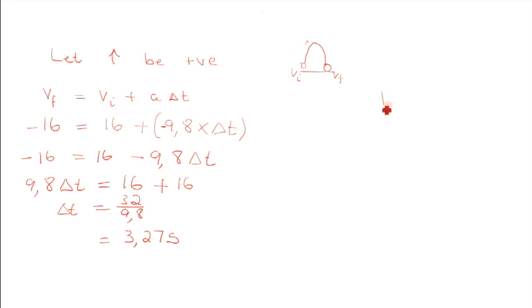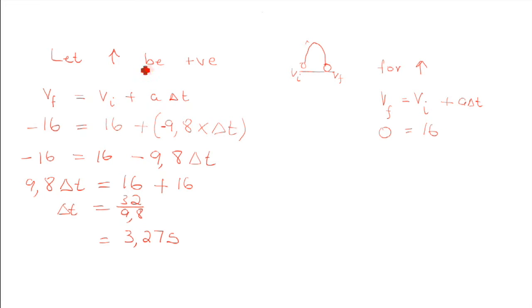Say we have VF is equal to VI plus A delta T for upward motion only. Let us still say upward is positive. VF here is not 16, it is 0, and VI is 16.